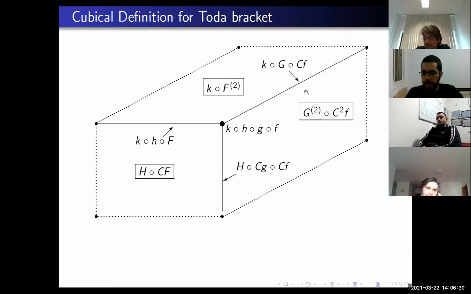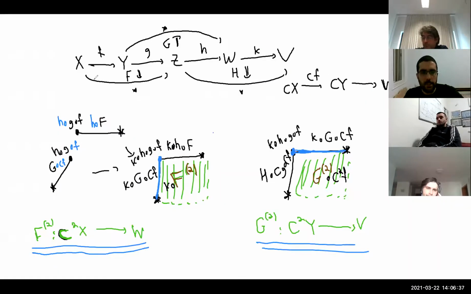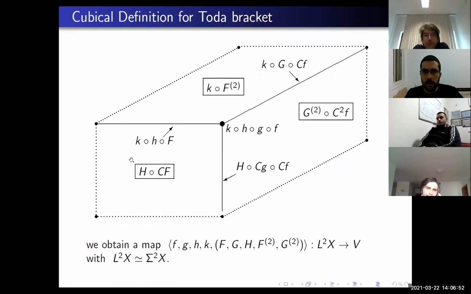You see, this one, and I come back there to my whiteboard, yeah, you see, if we compose this with this, not this exactly, it's F, it's a cone of F with H, so we get the map from the double cone to V, and the side is the same as the sides here.